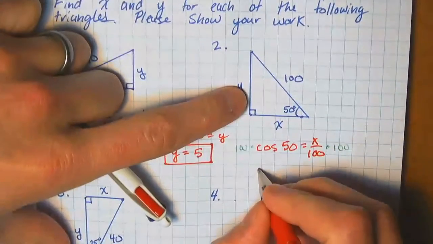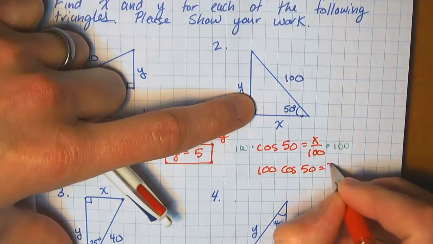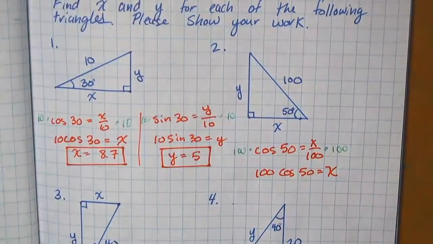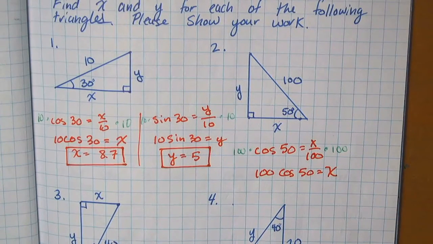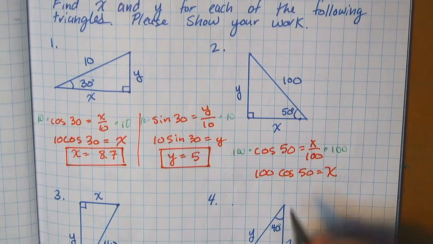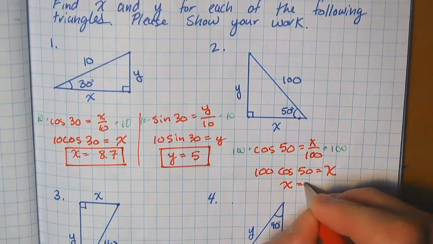So you're going to get that 100 cosine 50 is equal to x. And 100 times cosine 50 is going to give you x is equal to 64.3.